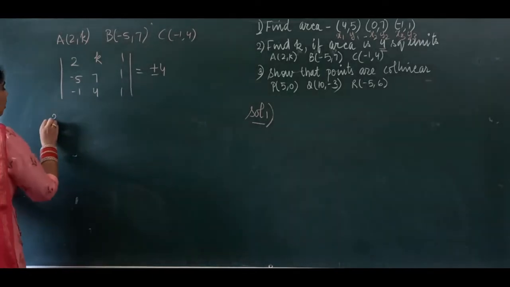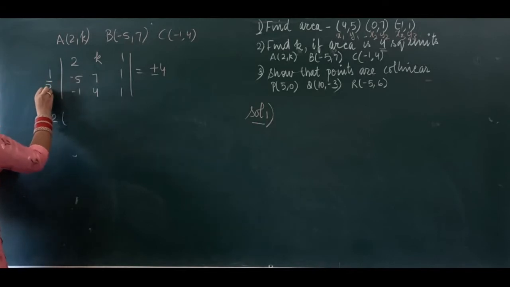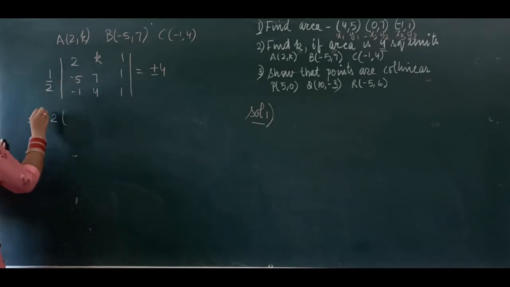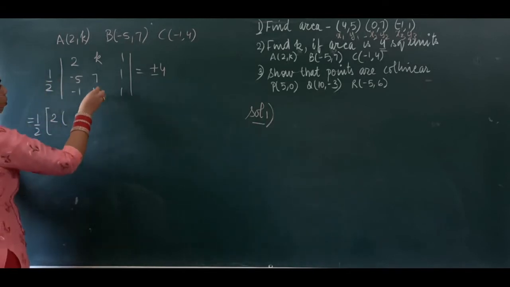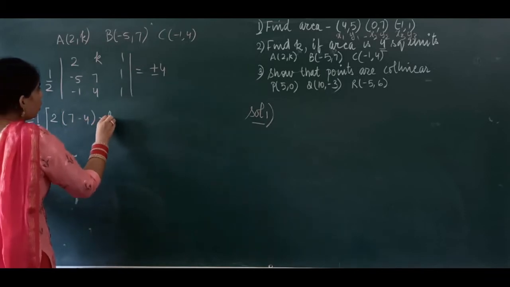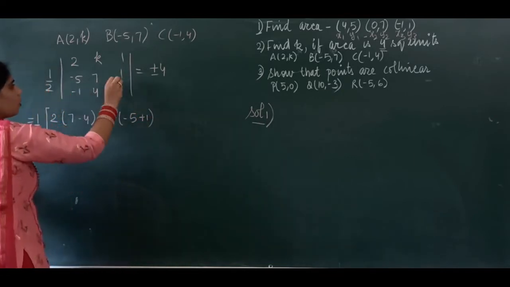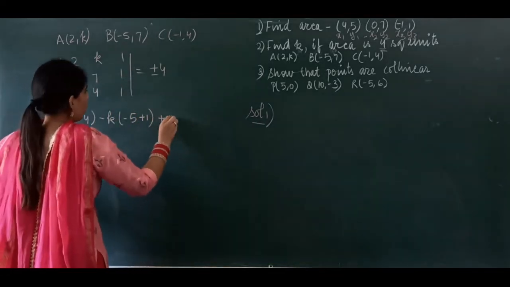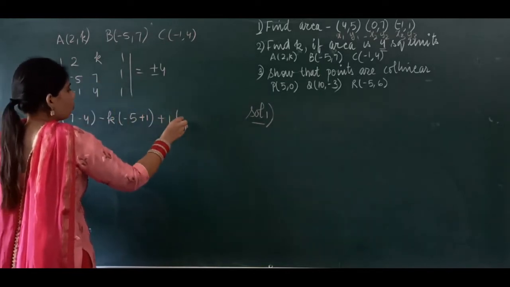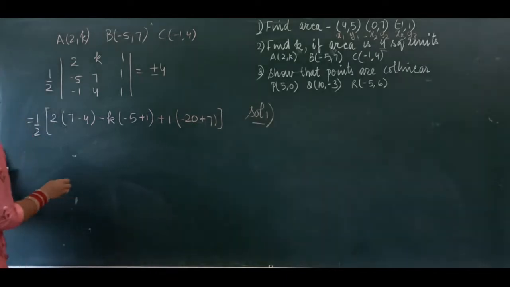Let's open this determinant. This will be, sorry, I forgot half. Half of 2 times (7 minus 4), minus k times (-5 plus 1), plus 1 times (-20 plus 7). 5 fours are minus 20 plus 7.